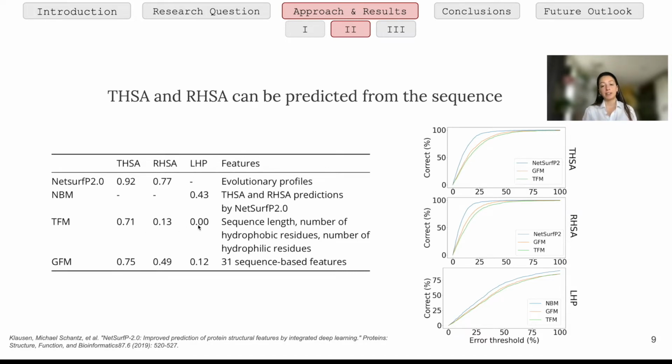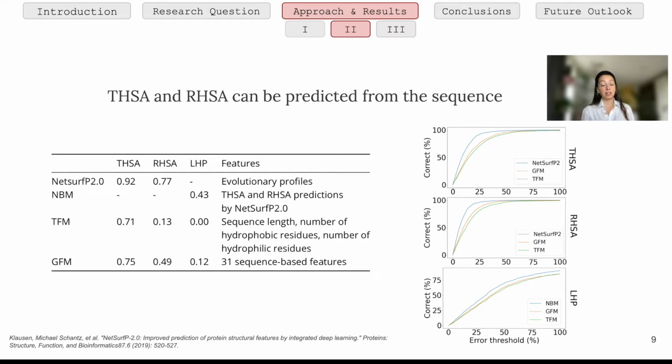To predict the large hydrophobic patches from the sequence, the large hydrophobic patch determined by MolPatch was used as gold standard. The training procedure for the TFM and GFM models predicting the LHB was performed in a similar fashion to the training of THSA and RHSA.